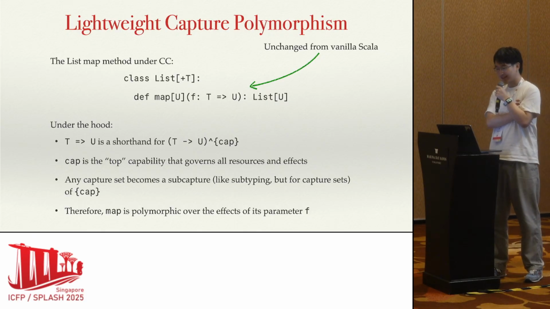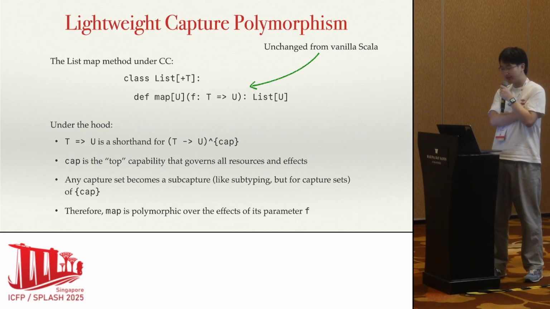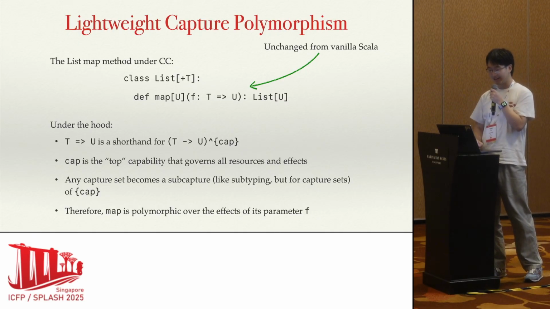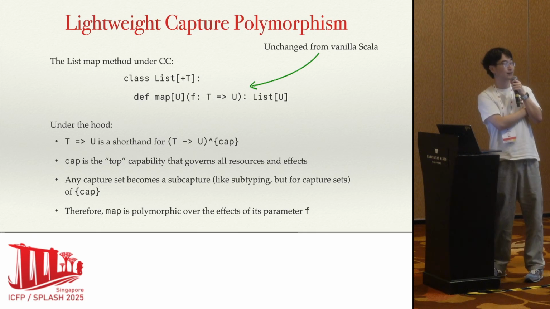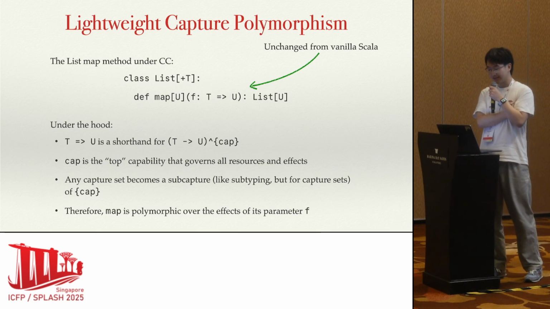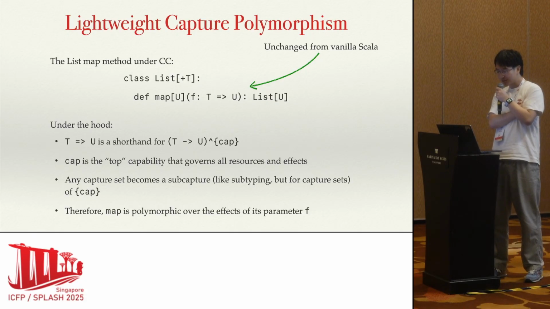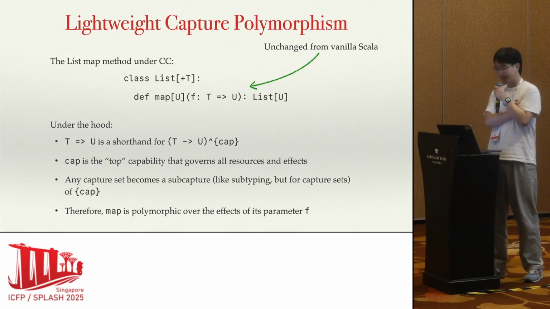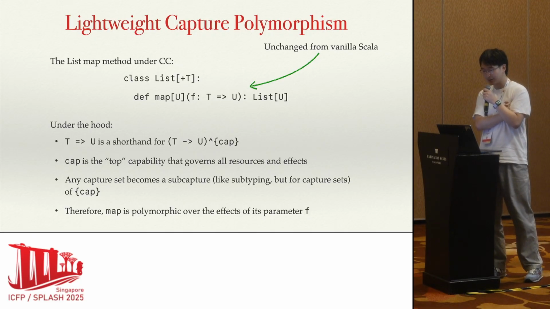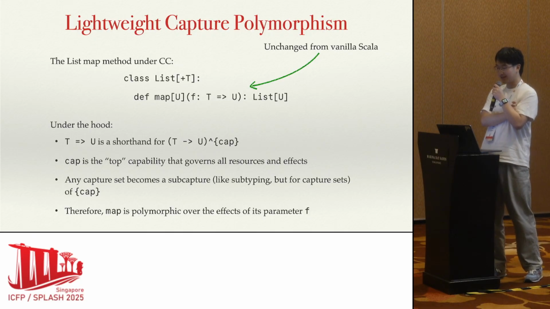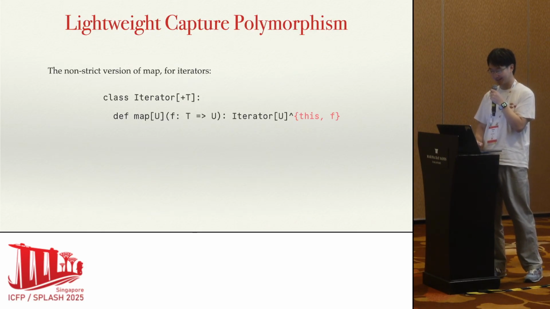And cap is like the top capability in the system that governs everything in the world. So effectively, every capture set is a subcapture of cap. And here, subcapturing is like subtyping, but for capture sets and capabilities. So this is analogous to how objects work for subtype polymorphism. And here, map is taking a function that could perform any effects.